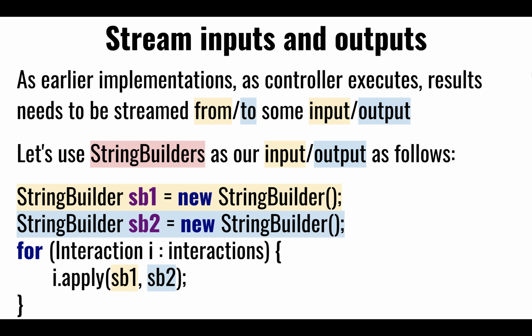In this case, again, we're going to have something simple. We're going to pass in two string builders that are going to allow us to keep track of the ongoing conversation.